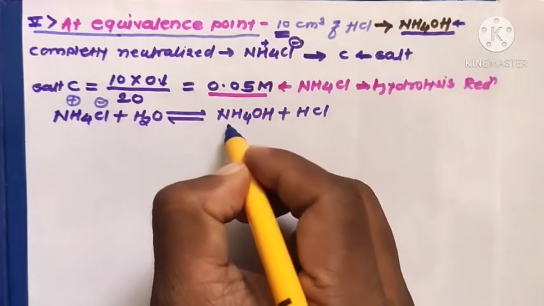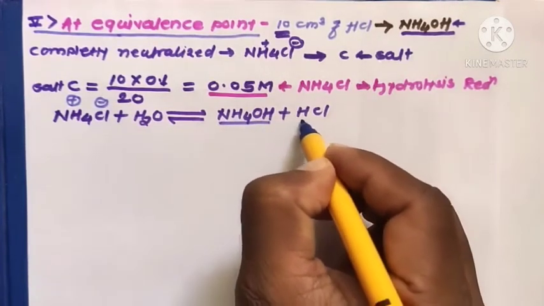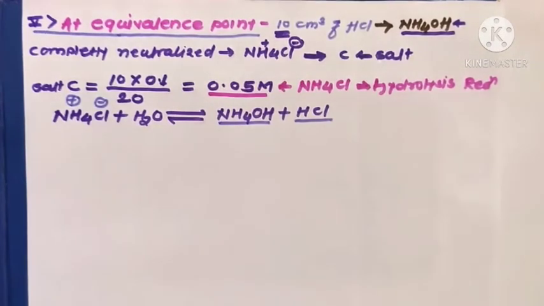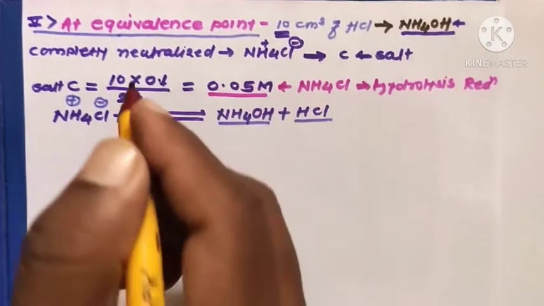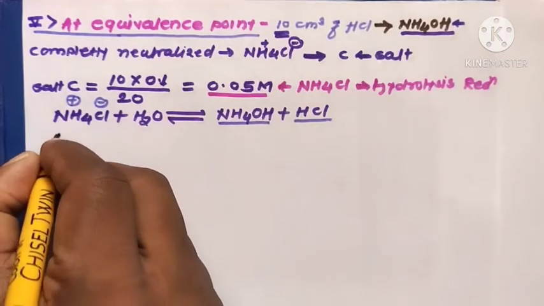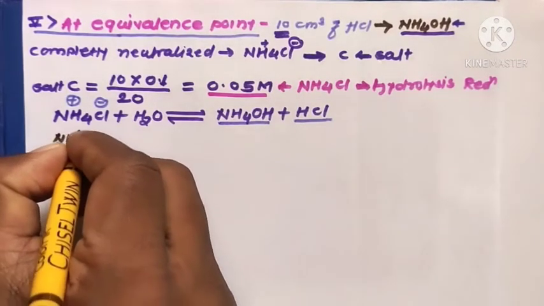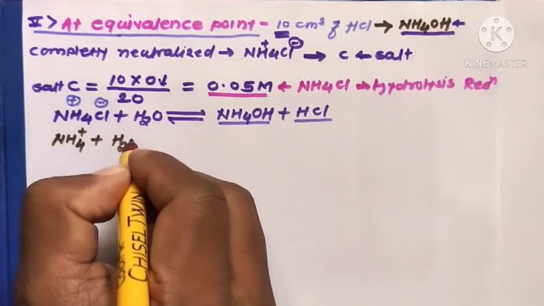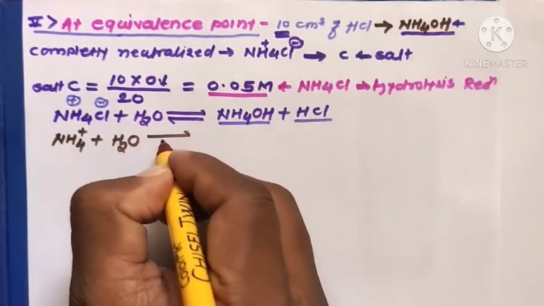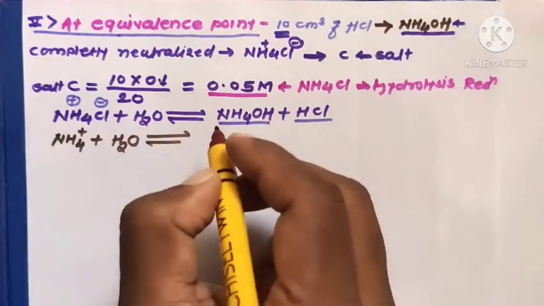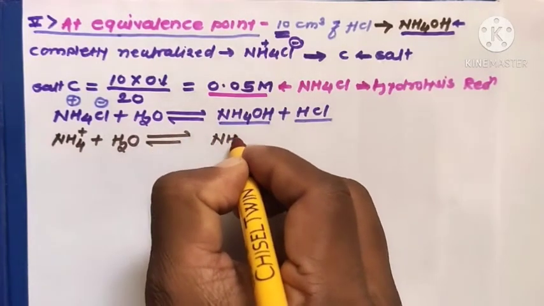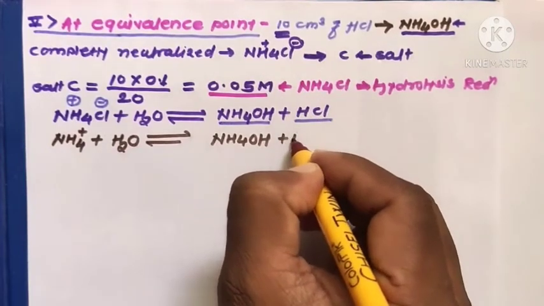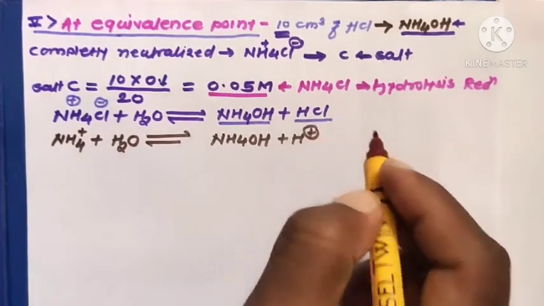So NH4OH and HCl are formed. Now the NH4+ ion again reacts in the presence of water molecules to form NH4OH plus H+ ions.